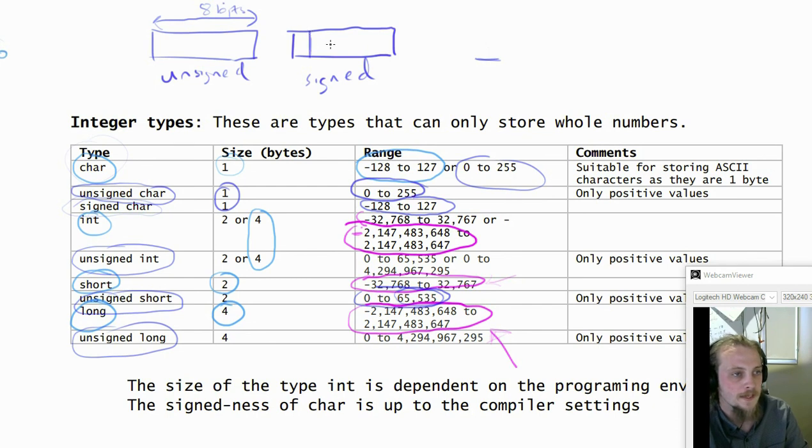With the signed, however, we only have 7 bits. The reason for that is because this bit means something different. This bit is the sign bit, which tells us if the number is negative or positive. So you need to keep in mind that when using unsigned, you actually get a larger range in the positives.